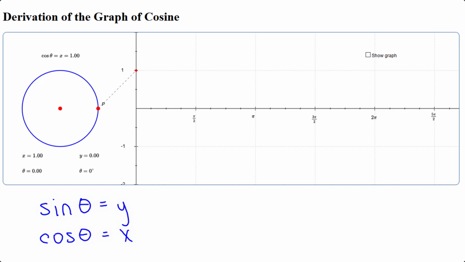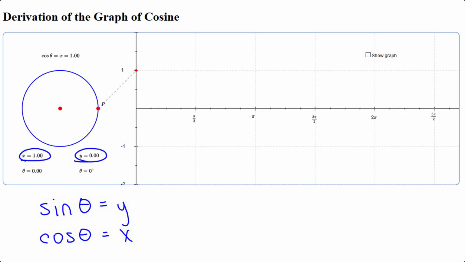The graph of cosine is essentially the same. You can use the same sort of setup, and that's what I have. The only difference is, for the graph of cosine, I'm taking the x-coordinate of point P and I'm plotting that. So initially, point P is at x equals 1 and y equals 0.